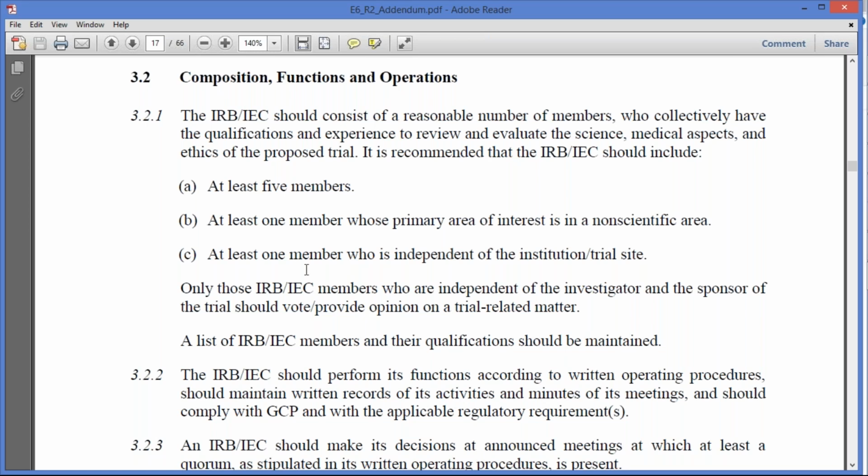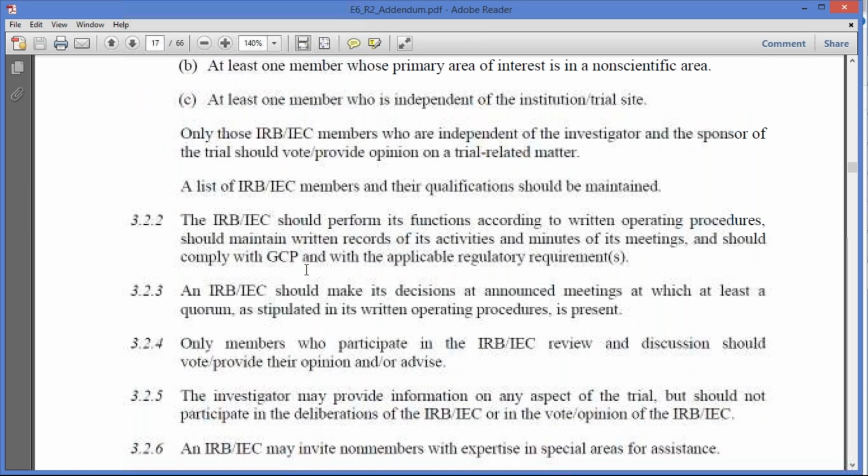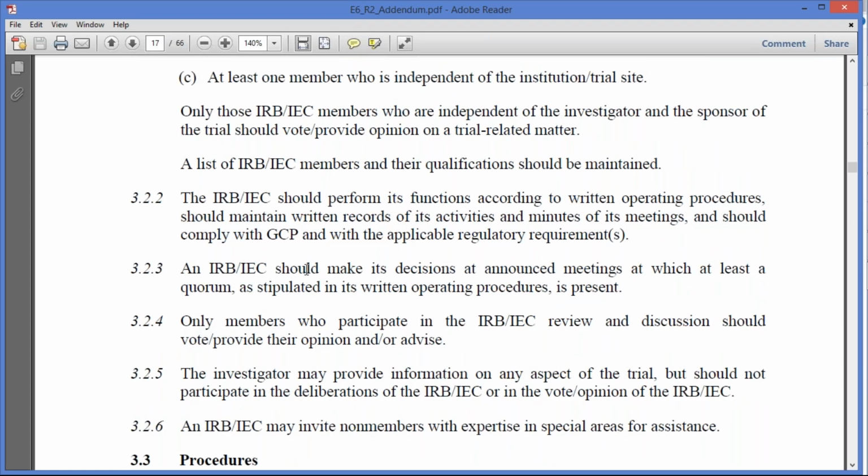IRB should perform its functions according to the SOP and should maintain written records of activities and minutes of meetings. They should comply with GCP and applicable regulatory requirements. IRB should make decisions at announced meetings. Only members who participate in IRB review should vote.